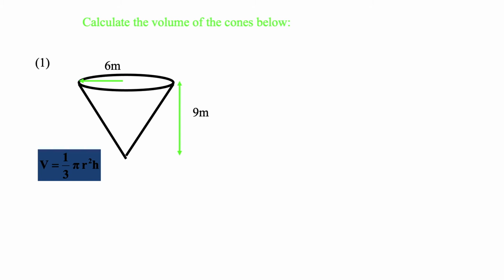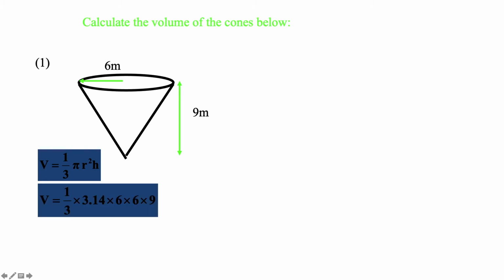Putting numbers to it, now that we know the formula is 1/3 of the volume of a cylinder, from the previous example we know that pi is 3.14, and then we are given 6 as the radius, but it's squared, so that is multiplied by 6, and then you put a little 2 here, which indicates squared, because for pi radius squared, multiplied by 9, which is the height, and you get the volume of a cone.